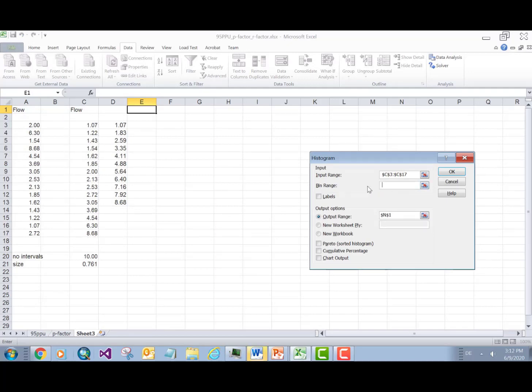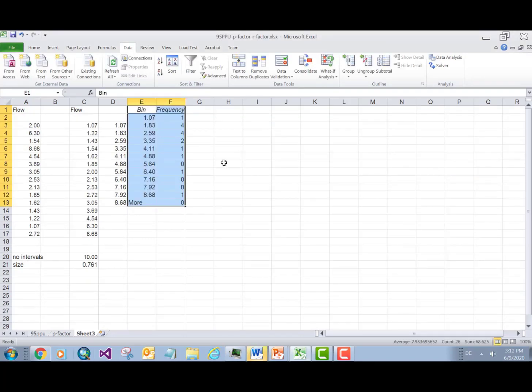Bin range are my intervals. And then it wants the output range. That's where to put the data. So I choose this here and OK. And it gives me the frequency distribution. To adjust everything, let me just move these a little bit down.